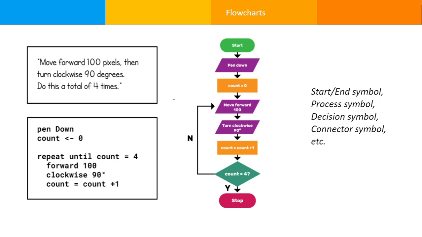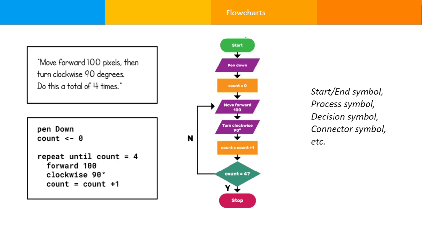Now, when you want to come up with a mechanism to solve that, we said that you are trying to come up with a solution. That solution, you can use pseudocode to represent, or you can use a flowchart.